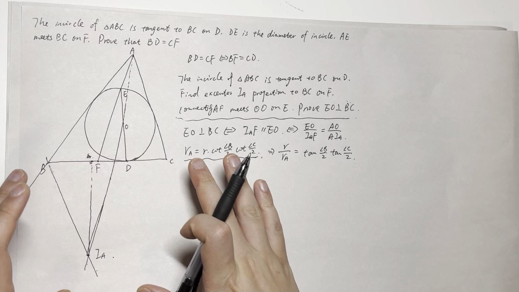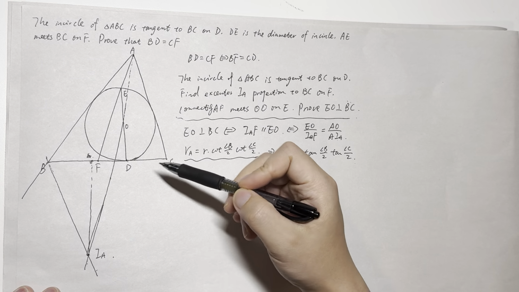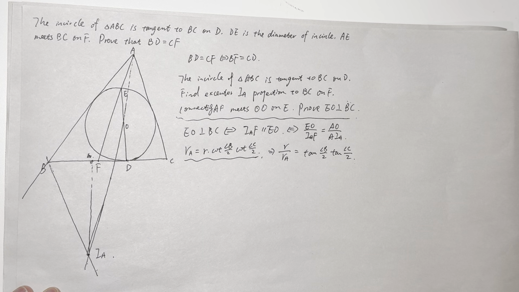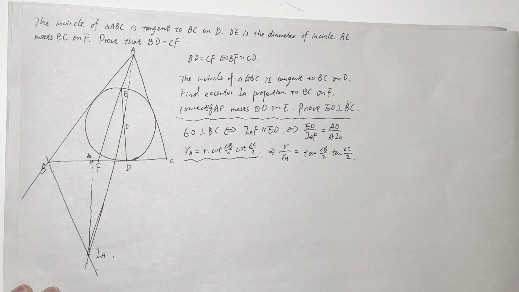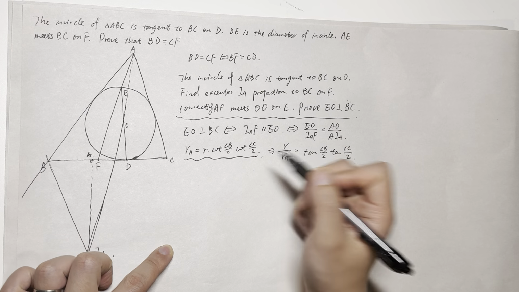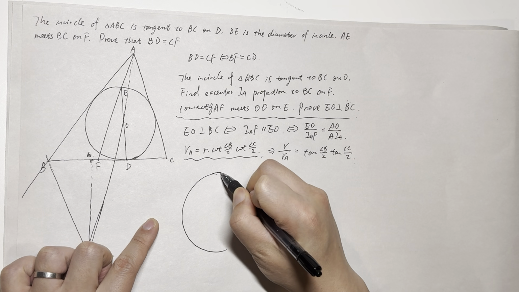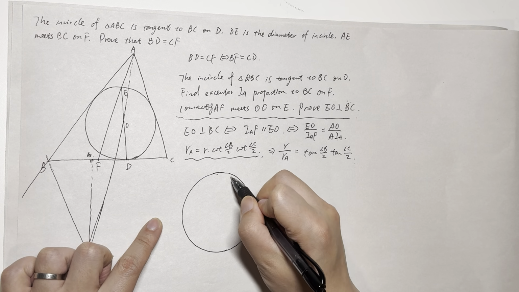It may be kind of difficult, but if you remember that in the Excenter property, we introduced that the triangle ABC is actually the pedal triangle of the triangle IAIBIC, right? So if I draw an equivalent figure here, it would be like this one. I need to draw the circumcircle first because I will need to use it. So let me just draw it here.